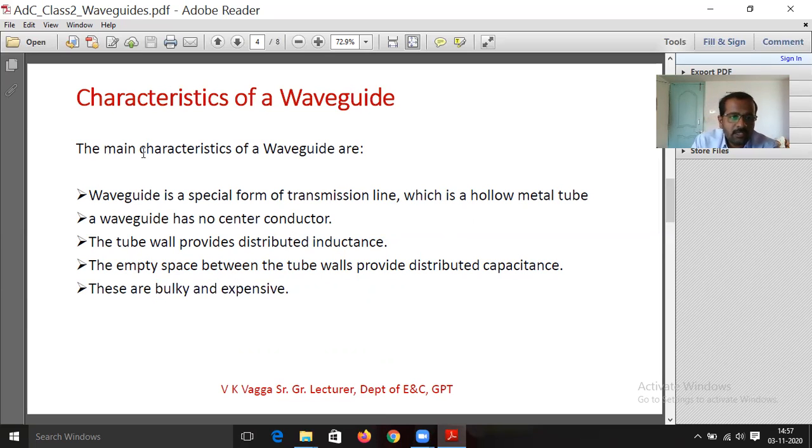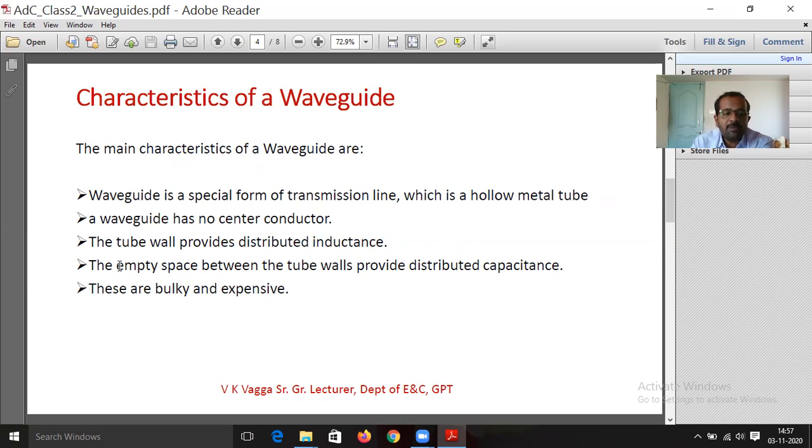All these are the important characteristics of the waveguide. So I am going to repeat once again. The waveguide is a special form of the transmission line, and it is an empty metal tube. The waveguide does not have a center conductor, and the inductance is distributed along the length of the tube. The entire length is to be assumed as the inductor.